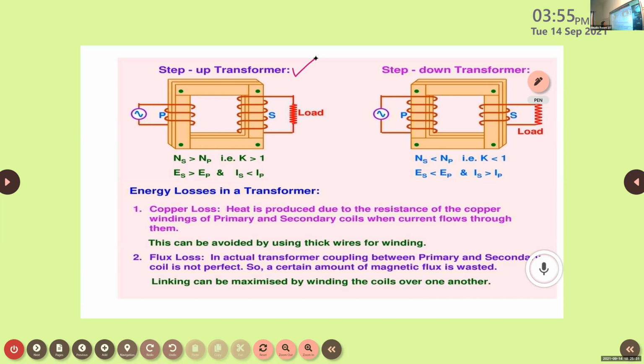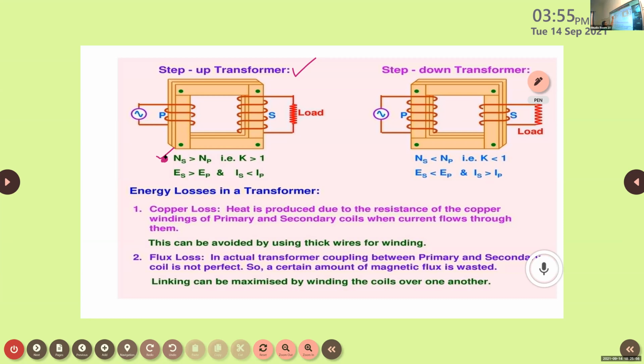In the case of a step-up transformer, the number of turns of the secondary coil, NS, is greater than the number of turns of the primary coil, NP.